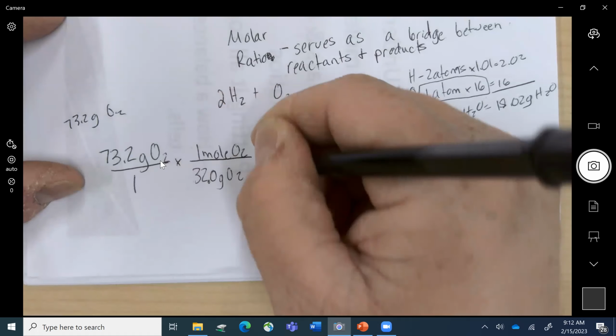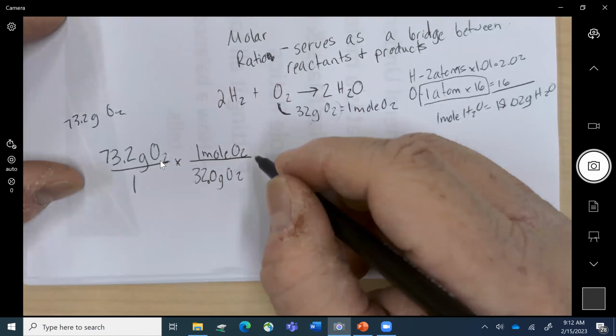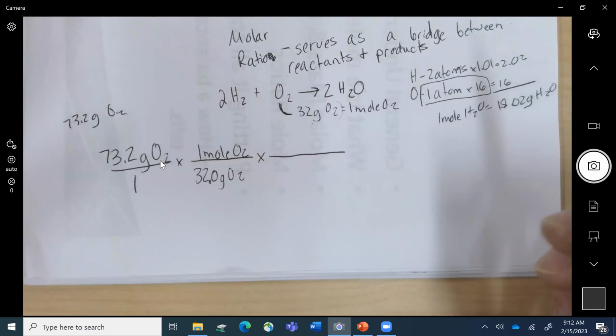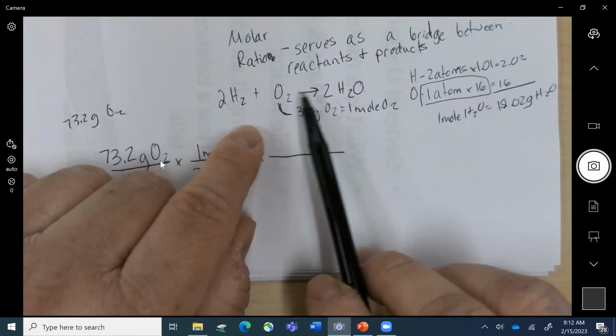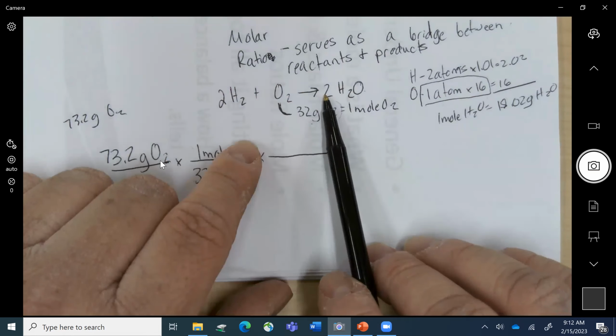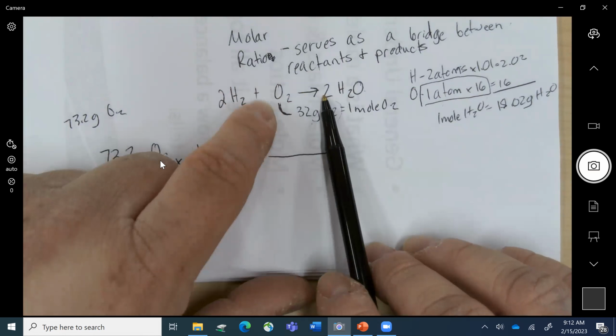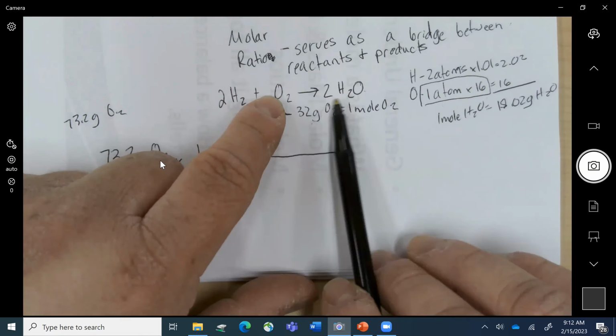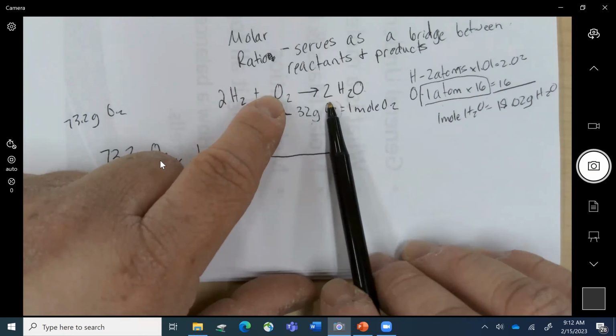All right. Now, I need to use my molar ratio. This is the bridge that your balanced equation gives you to convert from oxygen to water. And it's 1 mole of O2 equals how many moles of H2O? How many moles of H2O does it form?